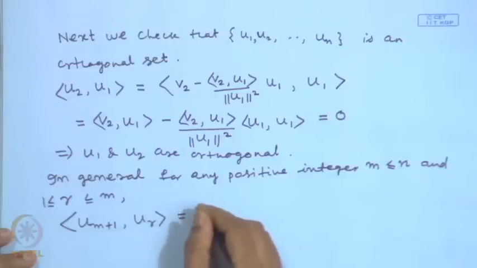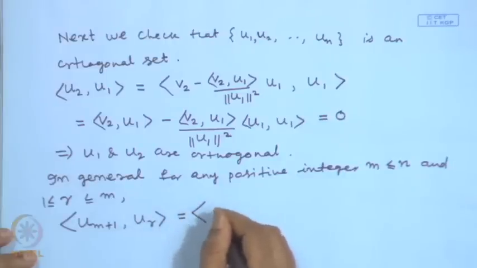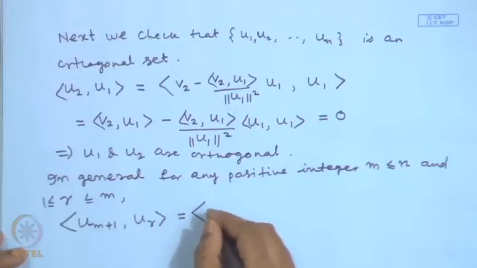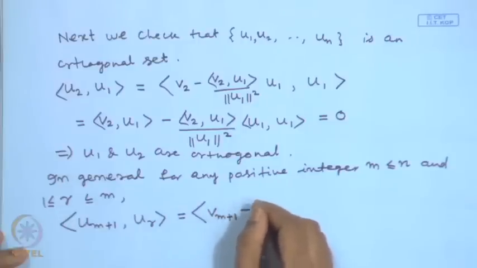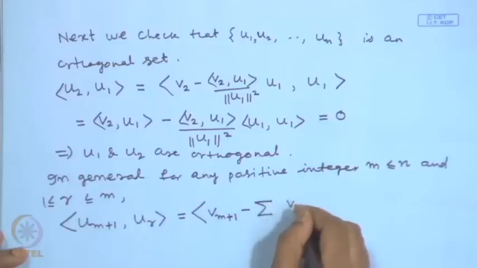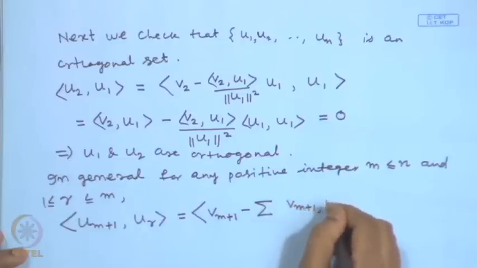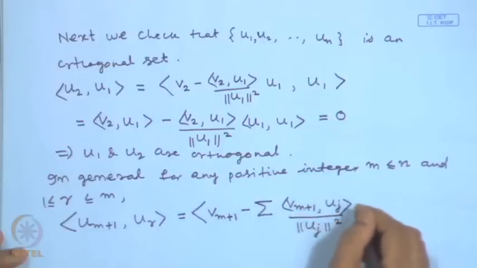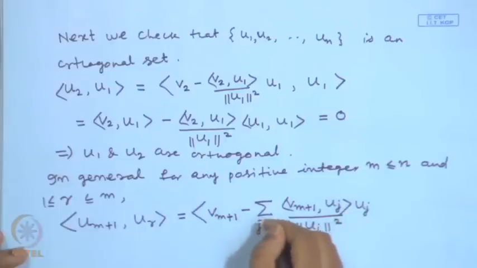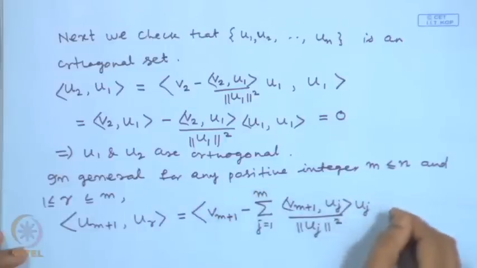From this construction, u m plus 1 is equal to v m plus 1 minus the summation, j from 1 to m, of the inner product of v m plus 1 with u j divided by u j norm square, times u j, with the inner product taken with u r.